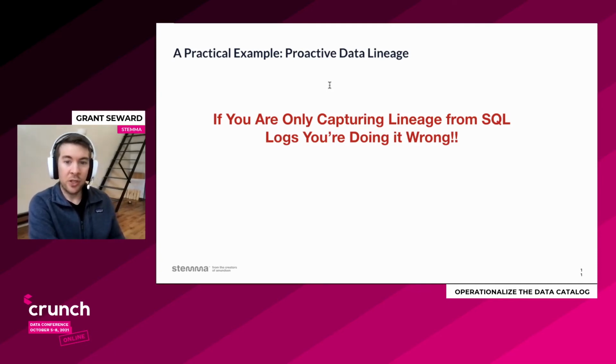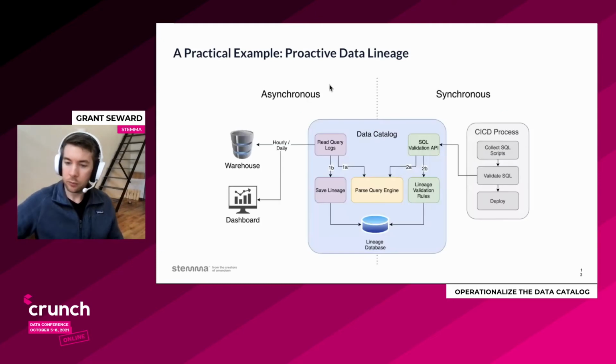However, these approaches really struggle to know when something has changed or been removed. Even tracking DDL changes will not fully answer these types of questions. Let's look at a more robust approach using a data catalog that leverages SQL logs to augment its lineage, but not be the sole source.